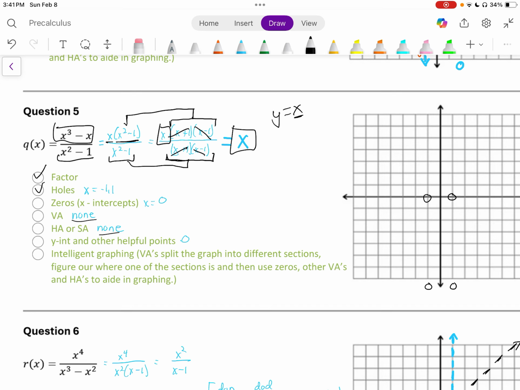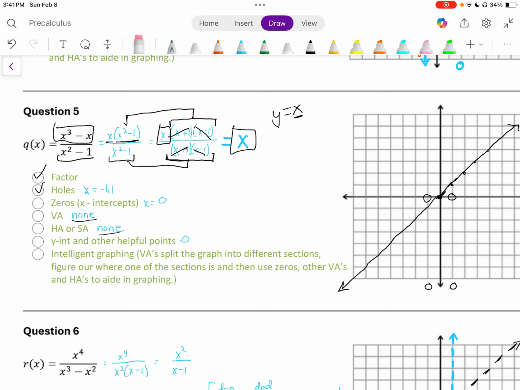So we want to graph this line, y equals x. y equals x has a y-intercept of 0, slope of 1, so up 1 over 1. And so it's the graph of this line. Down 1, left 1. However, we have some holes in the graph.